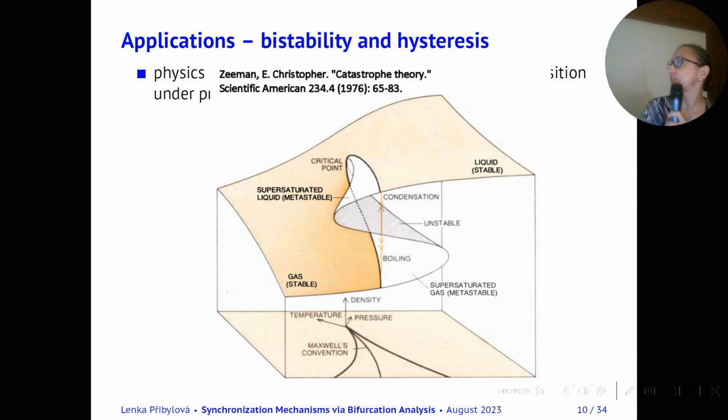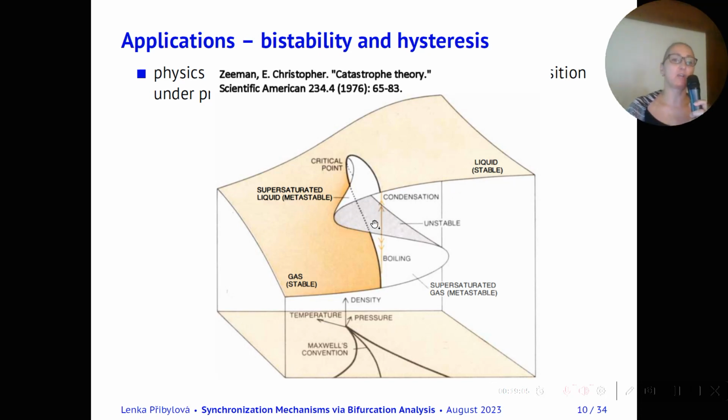I really love this example. This is from a well-known paper that started these applications. It's called catastrophe theory, because it's about abrupt changes that may change the system abruptly into absolutely different dynamics. And you see the parameters are pressure and temperature, and the manifold is the density of the matter.